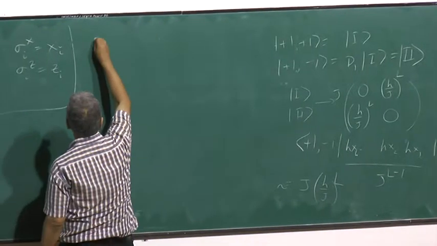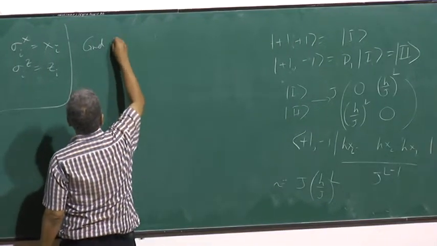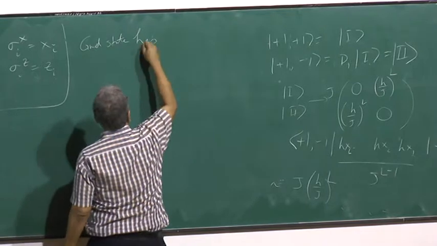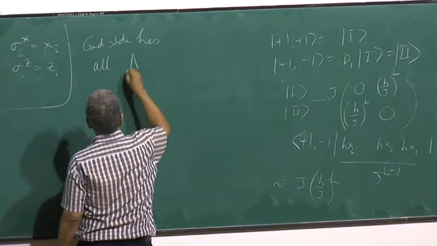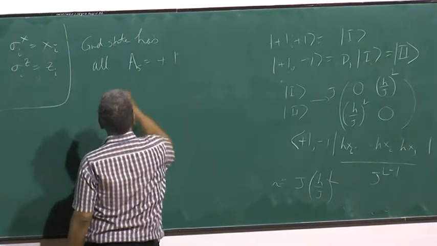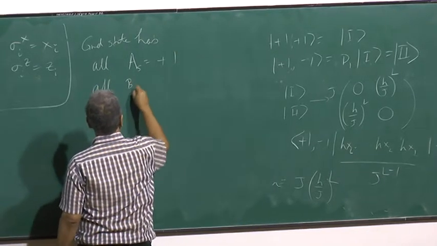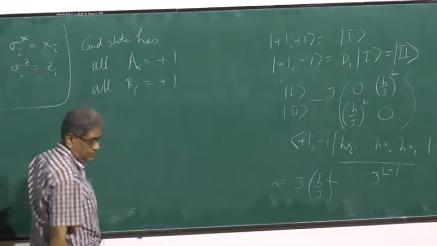So the ground state has all A_s equal to plus 1 and all B_p equal to plus 1. That is the ground state.